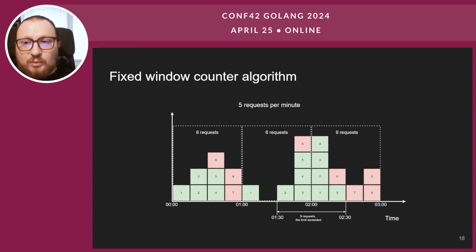The fixed window counter algorithm is easy to understand and implement because it only requires keeping track of a counter for each window. Also, it is efficient because it requires only basic counter operations, and it has low memory usage because it only needs to store the counter value for a window, which is typically a small amount of data.